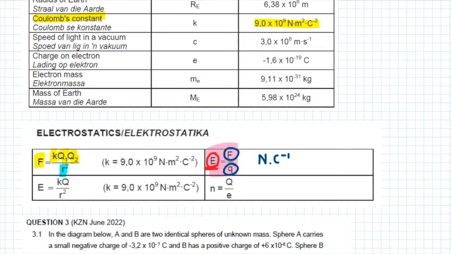At the bottom, we have another formula that can be used to calculate the strength of the electric field. If we are interested in the electric field of charge 1, then this is charge 1's charge, or the magnitude thereof. K is a constant, and R is the distance between the charge and the point in space where we would like to measure the electric field strength.